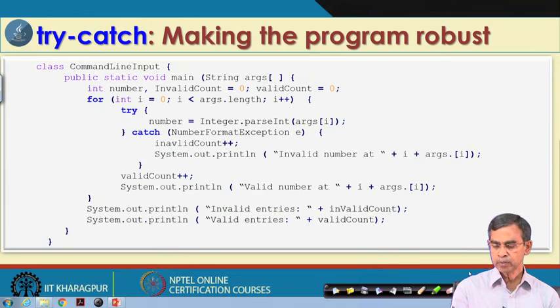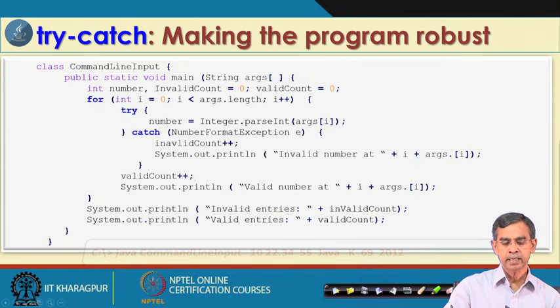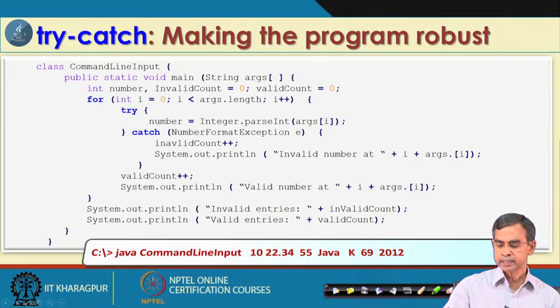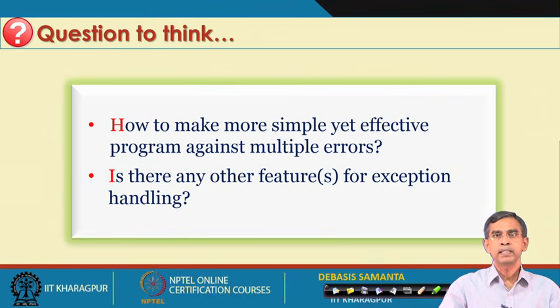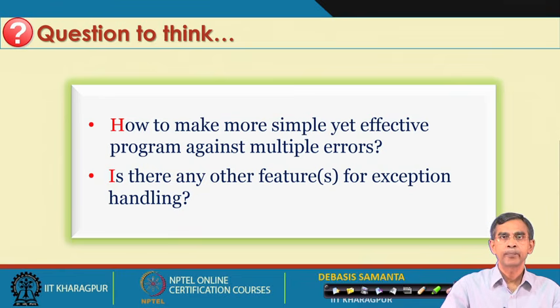So, this is the idea about handling exceptions in a Java program, and as an example, if you run this program, it will work correctly and successfully. This is a basic introduction to exception handling. There are many more features and things to be learned as far as exception handling is concerned.